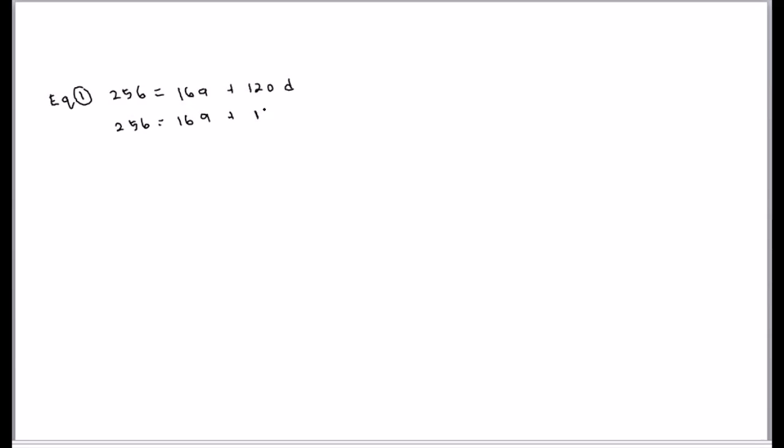And we know that d is 6.5, or in fraction 13/2. So move this value to the other side, it will become minus. 256 minus 120 multiplied by 13/2, we get negative 524.